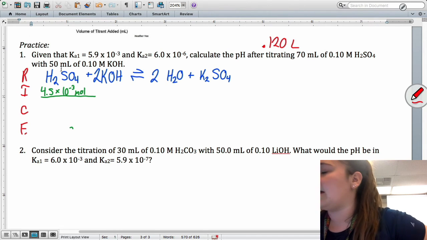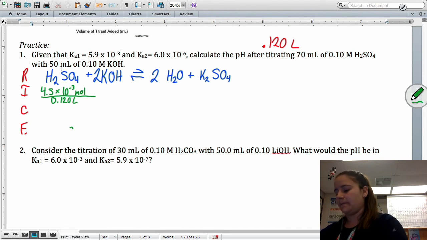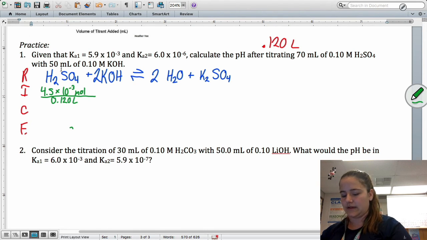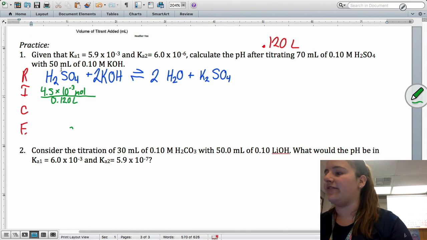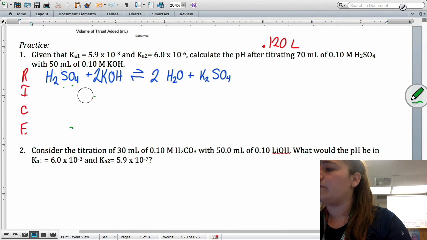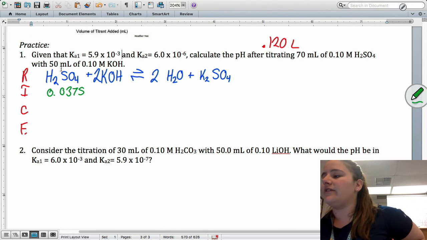So divided by 0.120 liters, I plug that into my calculator, and I have 0.0375 moles of that.